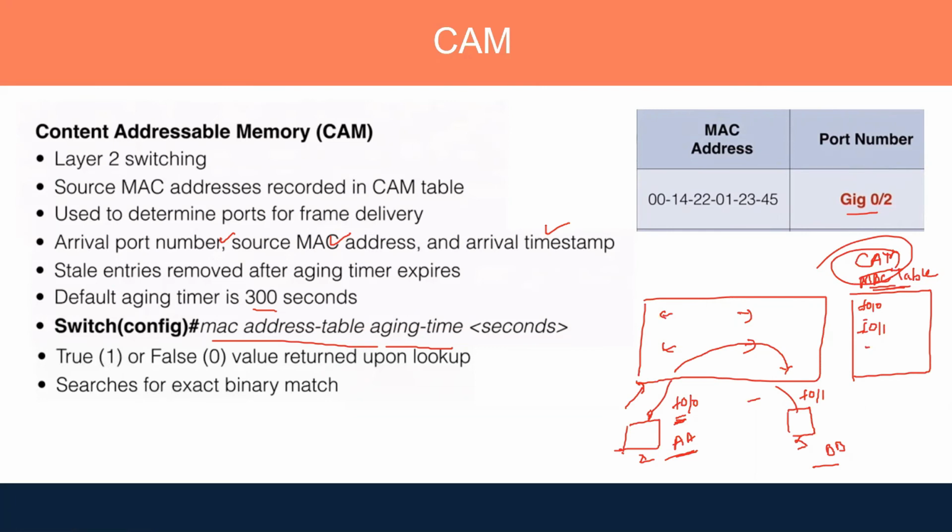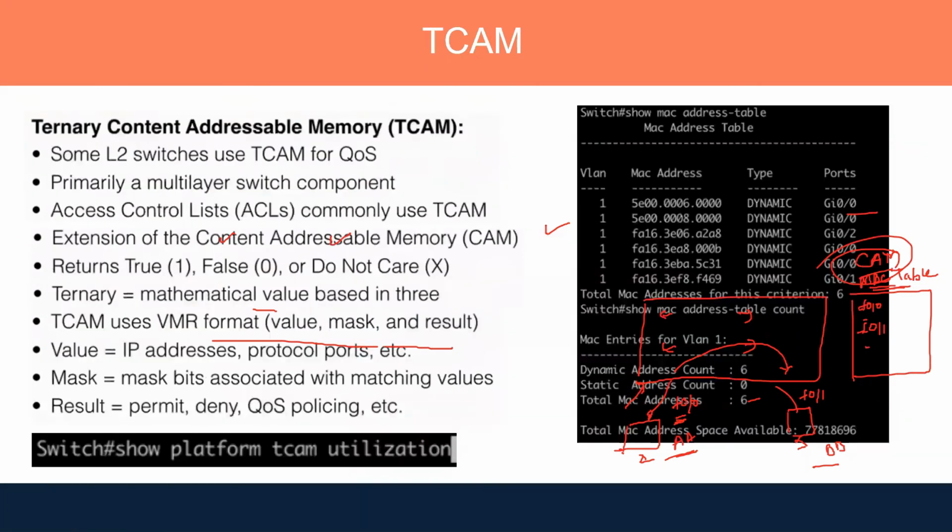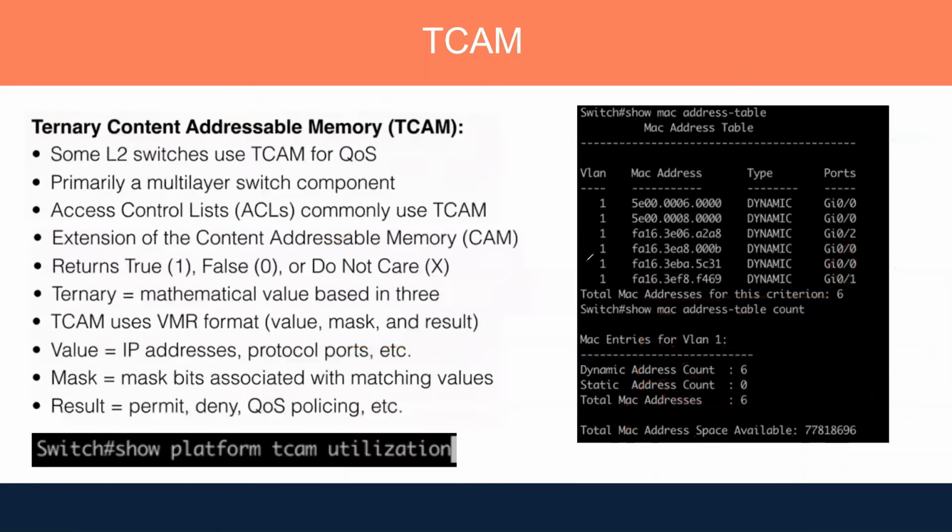But we have another type of memory, which is TCAM. If you have a QoS policy or ACL, etc., where is it going to store them? It is going to store them in the TCAM memory.